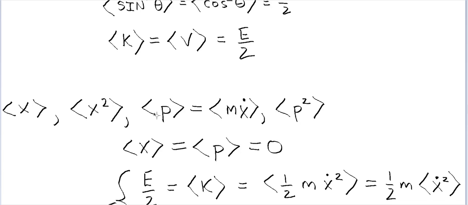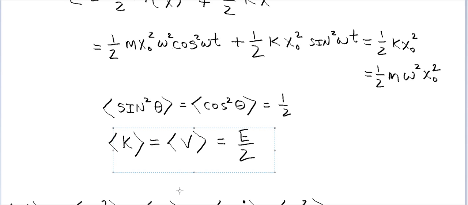First thing is remember that if you disturb a mass on a spring from equilibrium, it will just oscillate back and forth about the equilibrium point, and so the expectation value of x is 0. Similarly, it will spend just as much time moving in the plus direction as the minus direction, and so the expectation value of momentum is also 0.